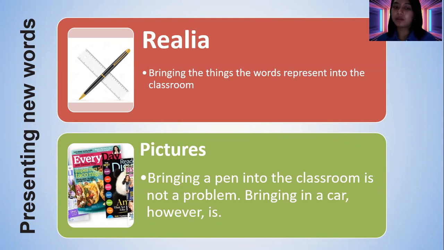For example, ruler, pen, postcard, ball, etc. The teacher holds up the object or points to it, says the word, and then gets students to repeat it.